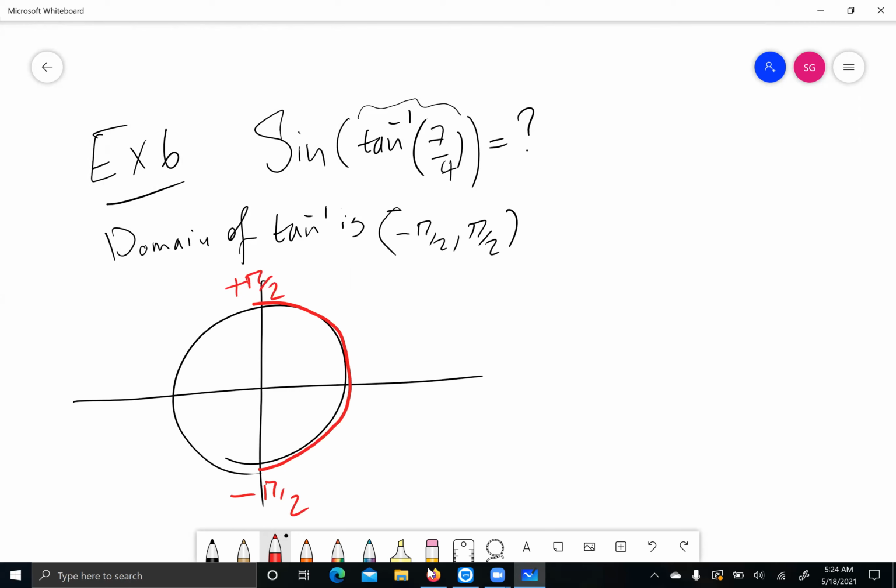So there is an angle in between such that tangent of that angle is 7 over 4. So there is a theta such that theta is tangent inverse of 7 over 4, or in other words, tangent of theta is 7 over 4. And we are looking for sine.